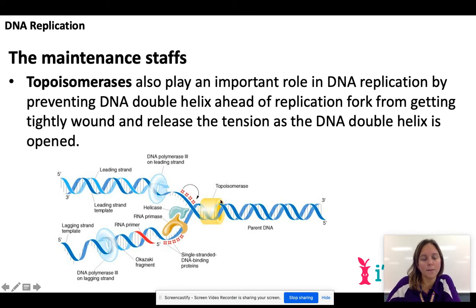We have the topoisomerase, we have the single strand binding enzyme holding them open. Here you have the primer, the primase attached. Then you have the helicase that's actually breaking those hydrogen bonds. You have your DNA polymerase that's running down the leading strand and the lagging strand, adding those nucleotides together.